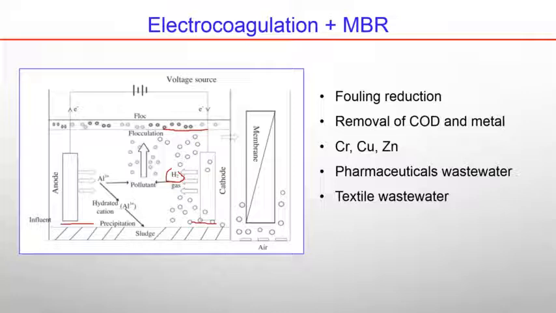In here, the electrocoagulation membrane shows the best performance in fouling reduction and removal of COD and metals in tannery wastewater. Especially, they have 90% efficiency in removal of chrome, copper, and zinc. It can be used for pharmaceutical wastewater and textile wastewater.